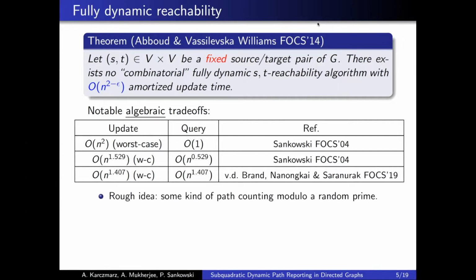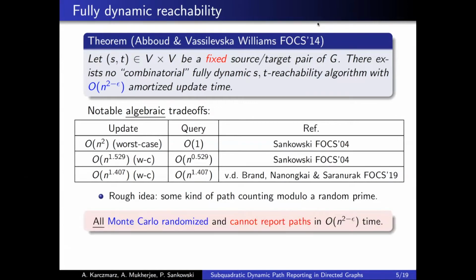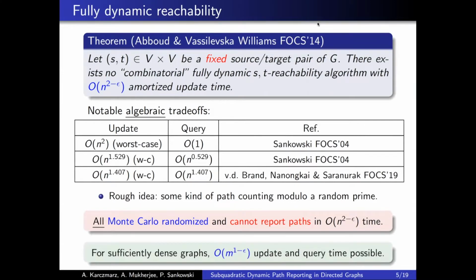All these algorithms use some kind of path counting modulo a random prime. And so, while they all achieve worst case guarantees, they are Monte Carlo randomized and cannot report paths in subquadratic time. Though, for sufficiently dense graphs, they have sublinear update and query time in the number of edges.